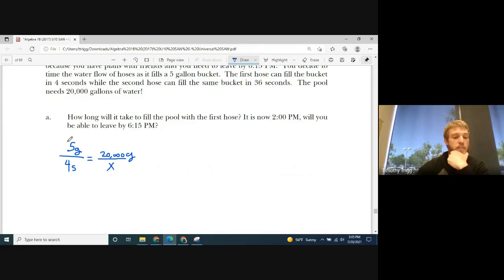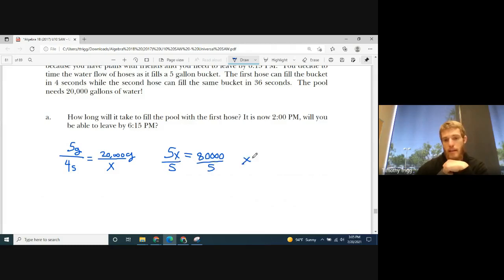So the way we could solve this is by cross multiplying. So 5 times X is 5X, equals, and then 20,000 times 4 is 80,000. To solve for X, we simply divide both sides of the equation by 5.